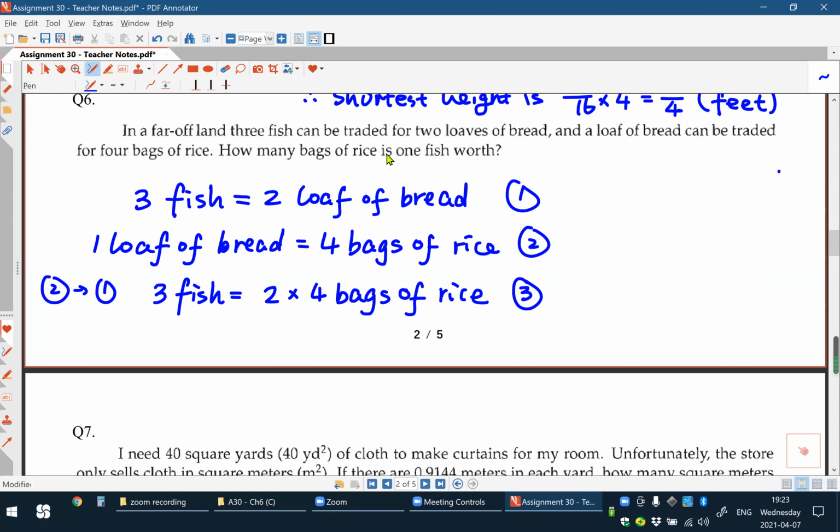So how many bags of rice is 1 fish worth? So that means 1 fish is worth 8/3 bags of rice. Right?